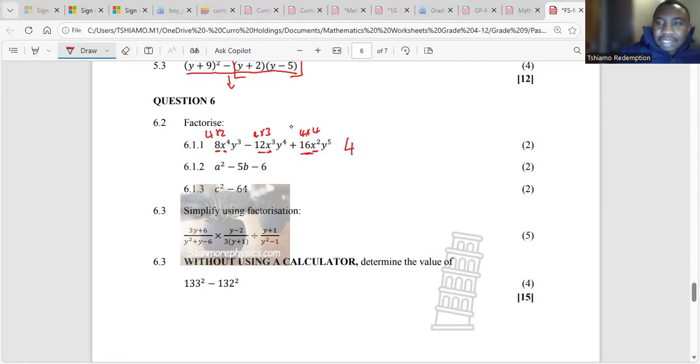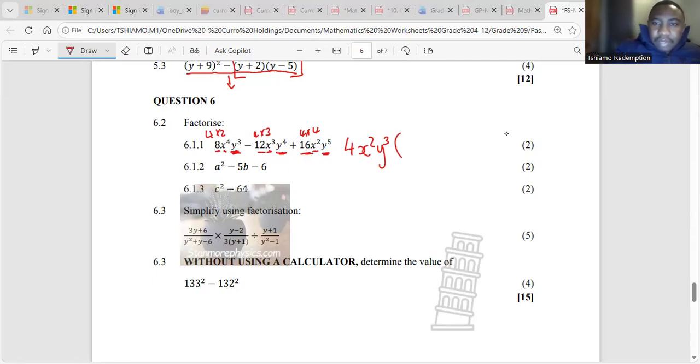So the highest number of x's that appear in all of them is x squared. Then here, y3, y4, y5. So the highest number of y's I can take is y3 because they appear in each and every term there.